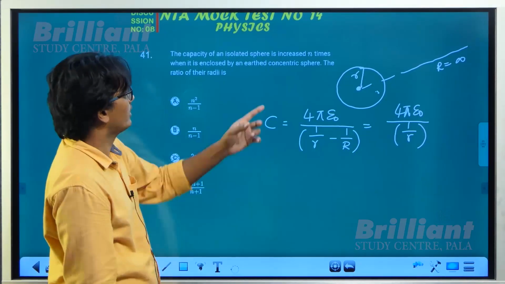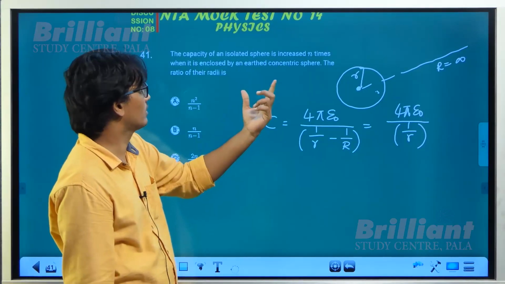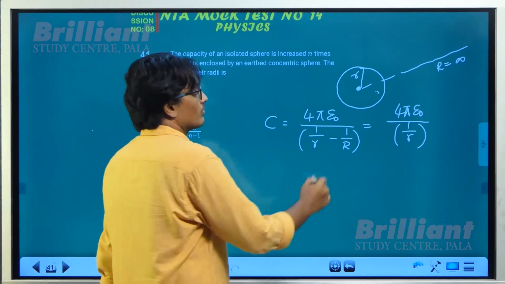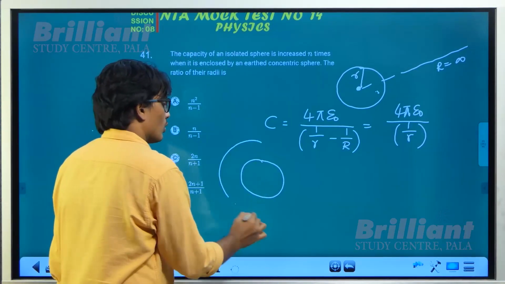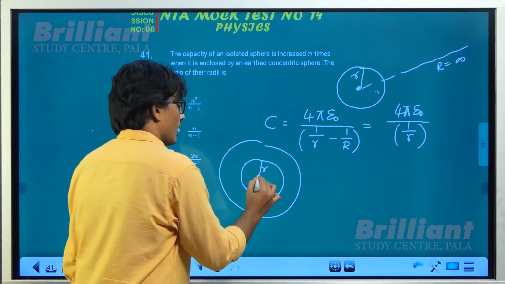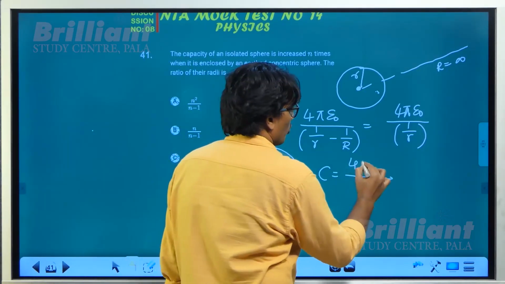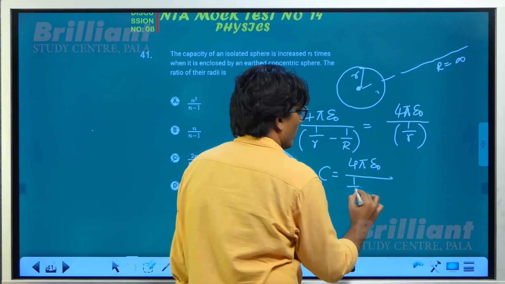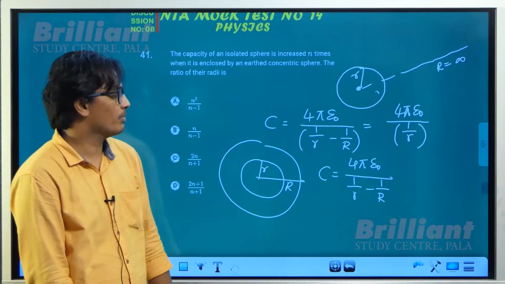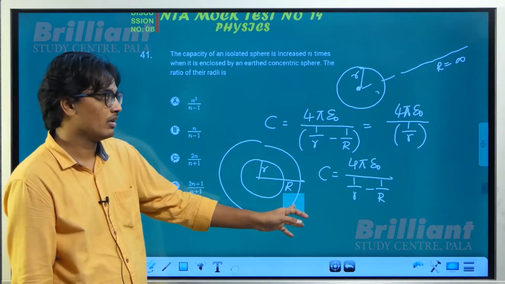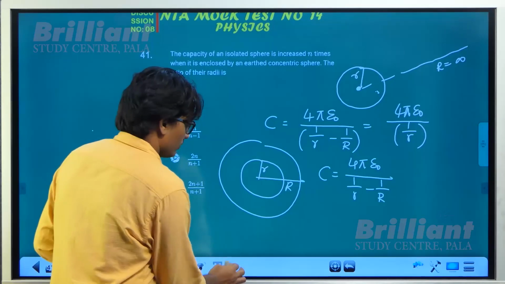Now next they are saying it is increased n times when it is enclosed by an earthed concentric sphere. Now in the second case, this is r, this is capital R. So the capacitance will be 4 pi epsilon naught into (1 by r minus 1 by capital R). They are saying that because of placing this one, its capacitance has increased by n times.